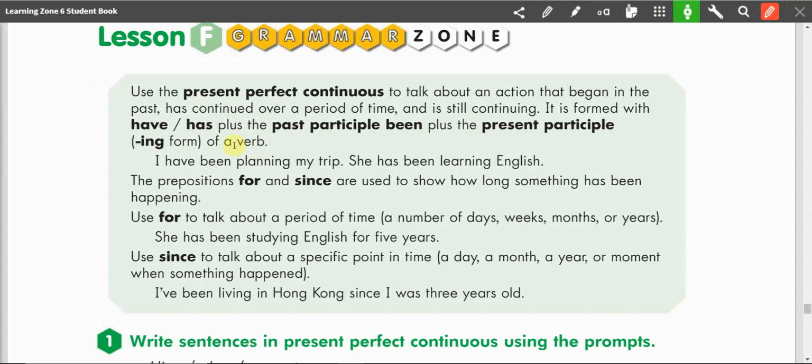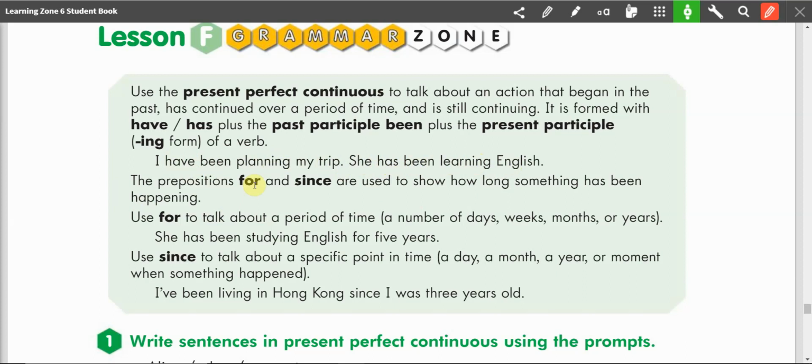All right, that's a lot. We'll go over that in little bitty parts. So let's keep going. Example: I have been planning my trip. So I have been and then planning my trip. She has been learning English. She has been and then learning.